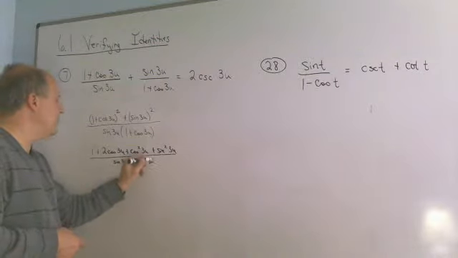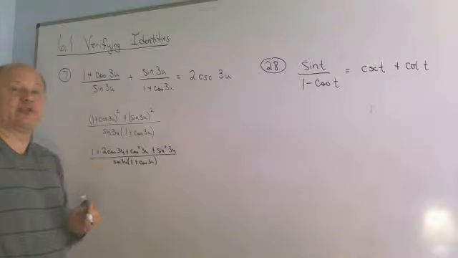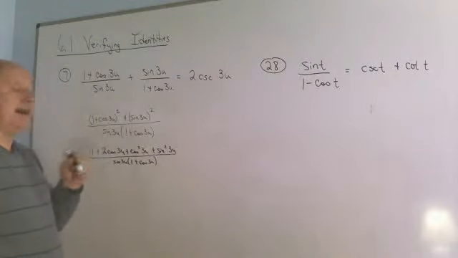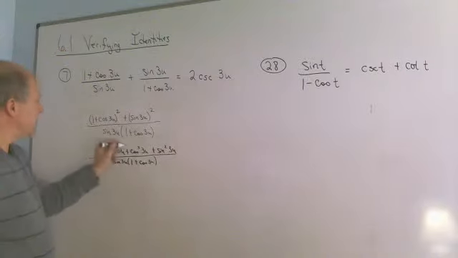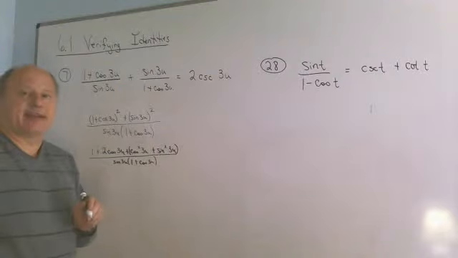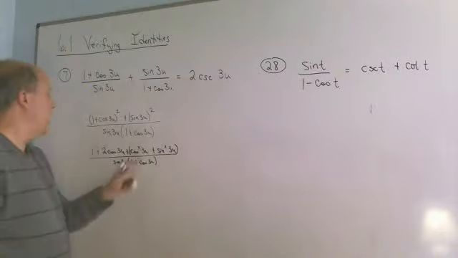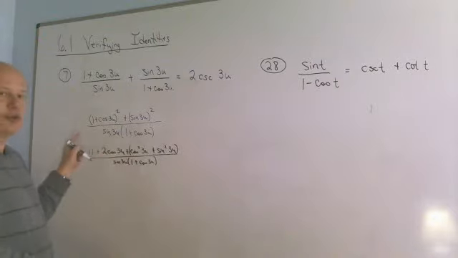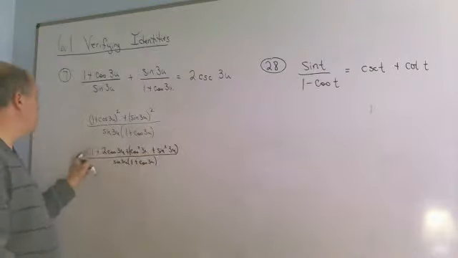If you notice, I haven't really done much as far as trig is concerned. Most of it's algebra, but now here comes some trig. Cosine squared of 3u plus sine squared of 3u, as you recall, is one of your Pythagorean identities, and that's 1. And so this is 1 plus the 1 that's out front, so you can combine across terms. So 1 plus 1 is 2.